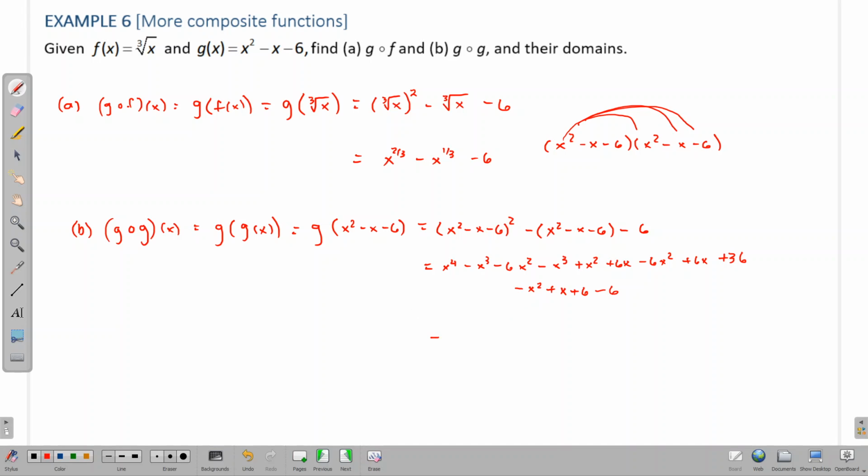Okay, now we have to combine like terms. So x to the 4th, that is the only one that we have. X cubed, we have, looks like these two here, so minus 2x cubed. Then squared terms, we've got negative 12 here, plus this one, so it looks like negative 11x squared. Oh, did I miss one here? I did. Actually, these canceled, so that's still negative 12x squared. Okay, then we need the x terms.